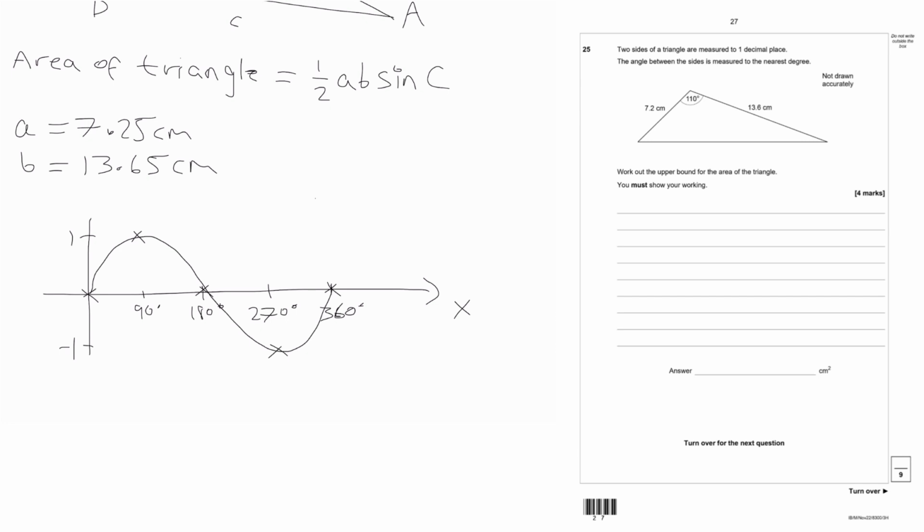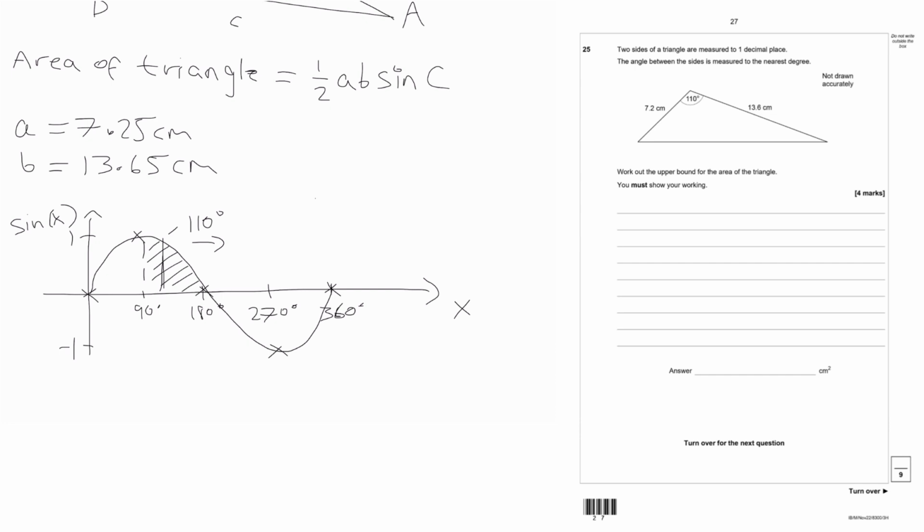So what we can see here is for this region, i.e. between 90 and 180, which is where 110 degrees sits, if we were to plot roughly to here, let's say this is 110 degrees here, we can see that as we go in the direction along the positive x-axis, the value of sine of x at 90 degrees is 1, but it progressively becomes lower as we increase the angle to 180.